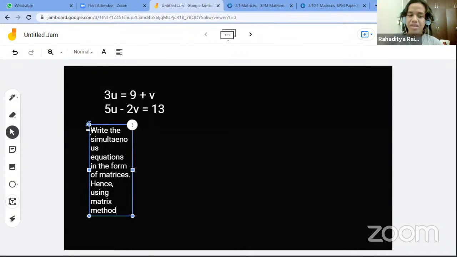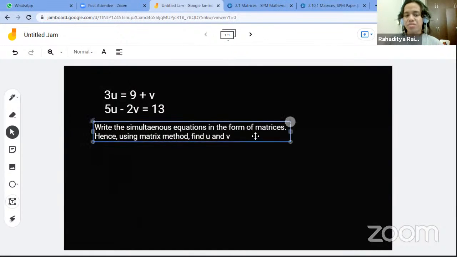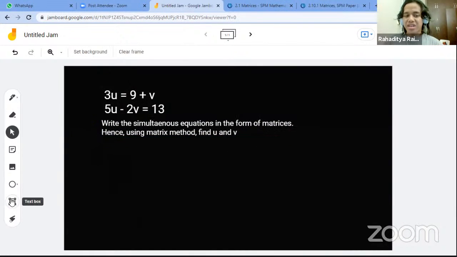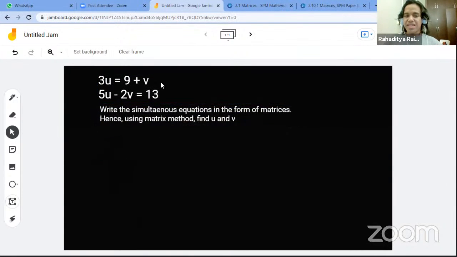By the way, for some questions, they won't allow you to use the matrix method. They'll specifically tell you not to use the matrix method, so make sure you read the instructions very carefully. Now, I'd like to ask, what's the first thing you should do in this entire thing?